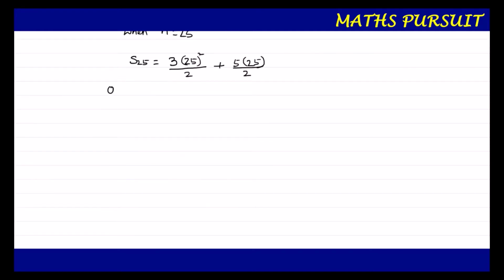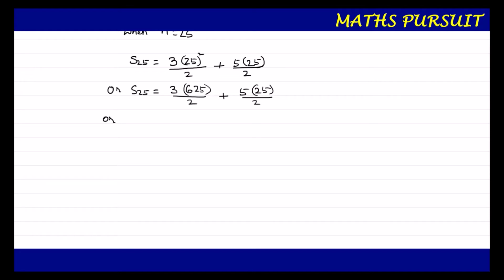Or S25 is equal to 3 into 25 into 25, 25 25s are 625, upon 2 plus 5 into 25 upon 2.